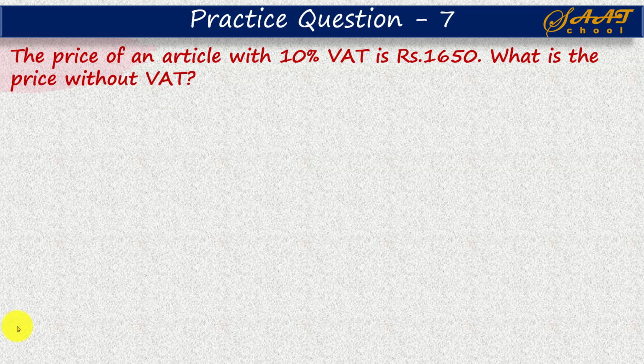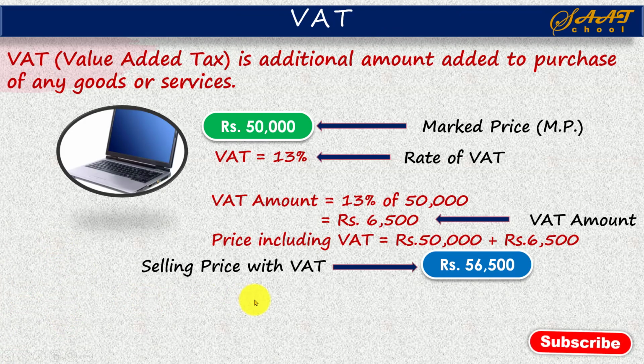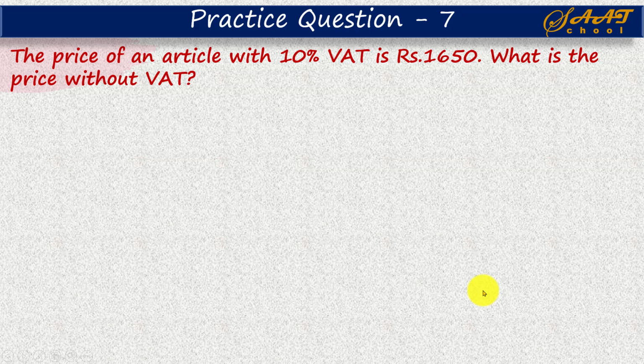We did this type of question in the example. So in this example, we calculated the price including VAT, which is 56,500. But in this case, you have to find the price without VAT, meaning the price before VAT. Again, this amount includes VAT, which is 10%. Now you have to find the price before VAT. So you try this question.